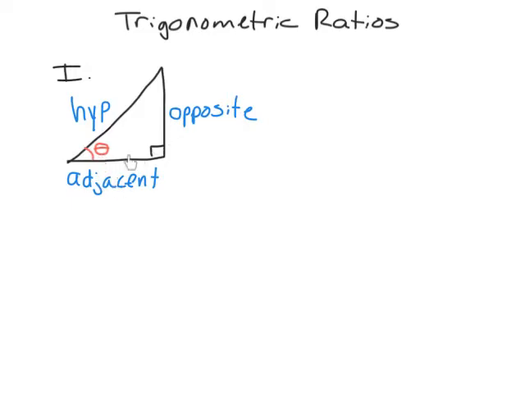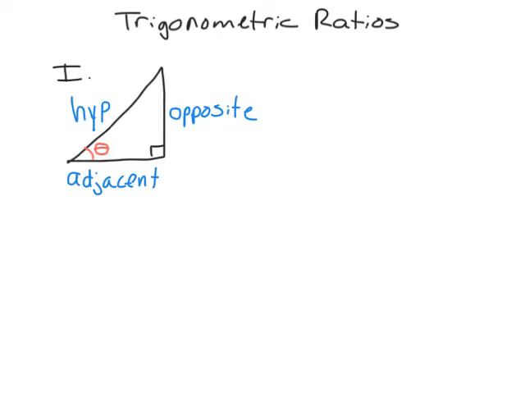So the ratios of the sides, because of what we know of similar triangles, are going to be constant, which is why before calculators we had huge tables of values for all the different trig ratios, because for every single angle measurement we have a locked-in value for sine, cosine, tangent, and their reciprocal identities.